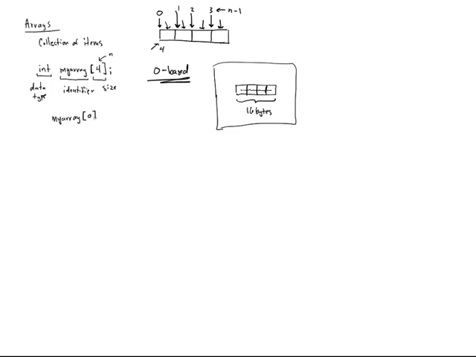If we wanted to set the first item to 1, for example, we would do this. And our memory block would look like this: we'd have 1, and I'm just going to leave the others blank since they're uninitialized values.